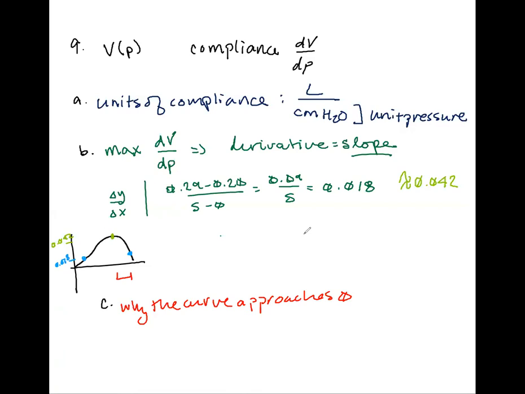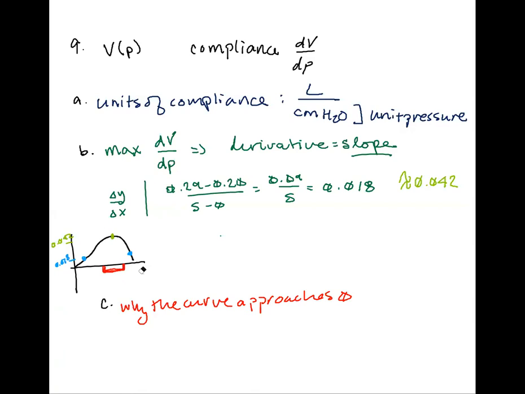Around this spot, in this X range or pressure range, that's where you're getting the most bang for your buck, the most volume per unit of pressure that you're reducing. So that's why the volume is increasing.